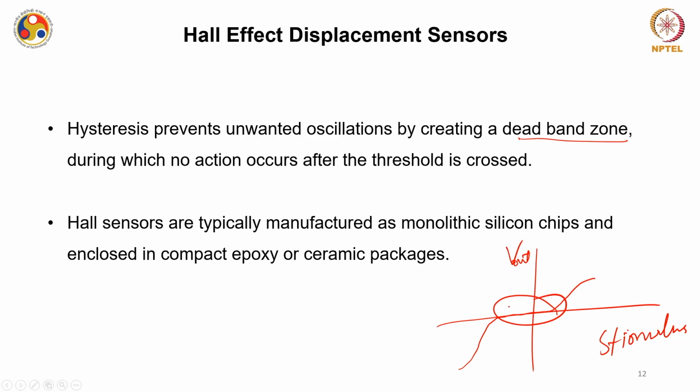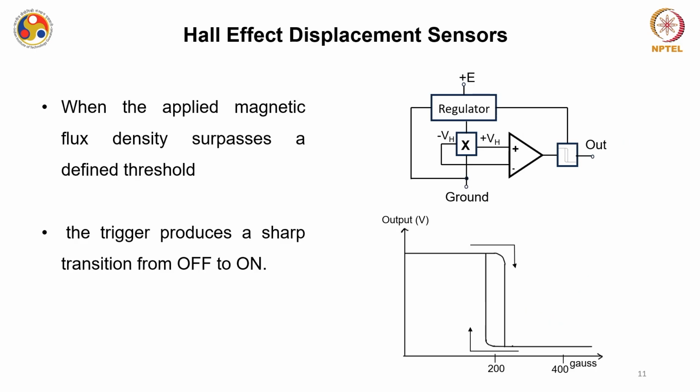The deadband was somewhere near 0, where the device was not operational. Although the input was kept on increasing, there was no change in the output. However, after this deadband is crossed, the sensor responded clearly. That is what this Schmitt trigger does. It has exactly the same principle.